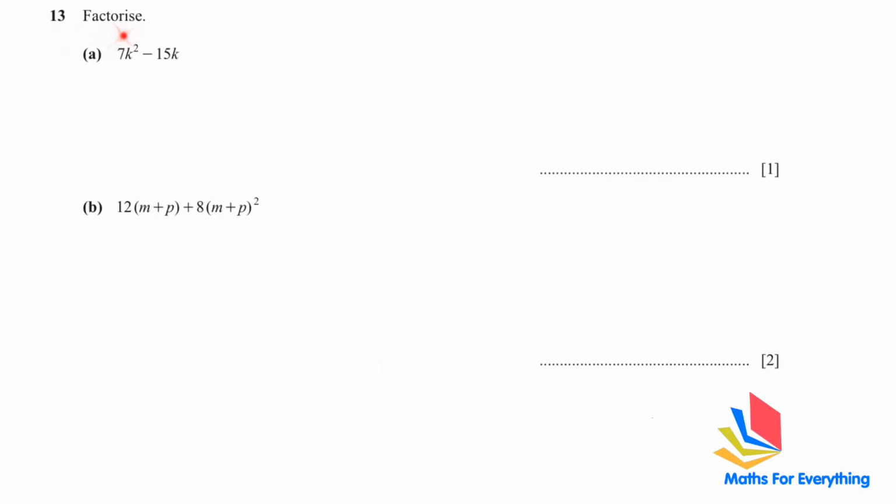Question number 13, factorize. A. 7k square minus 15k. What does k square mean? Anything you square, can be written as k times k, correct? Or anything you square, the number multiplied by itself. So basically you have 2 k's here and 1 k here.